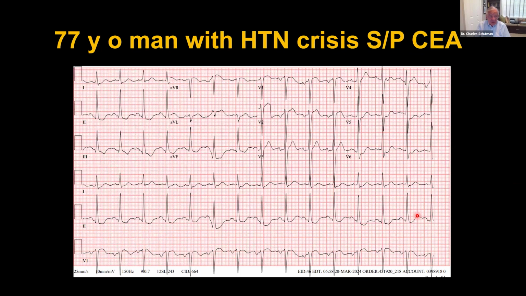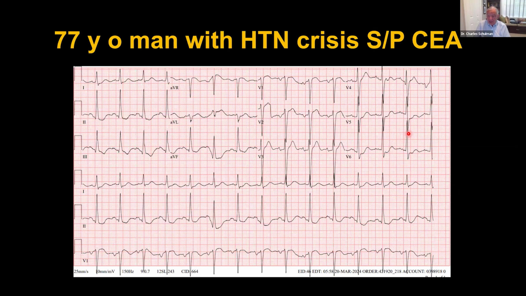Here's a patient who was admitted to our cardiology floor not too long ago, a 77-year-old man with hypertension who underwent carotid endarterectomy. In the recovery room, he had a hypertensive crisis and developed chest pain. And this was his ECG. You notice these rather prominent ST depressions in leads 2, 3, and AVF, and V5 and V6.